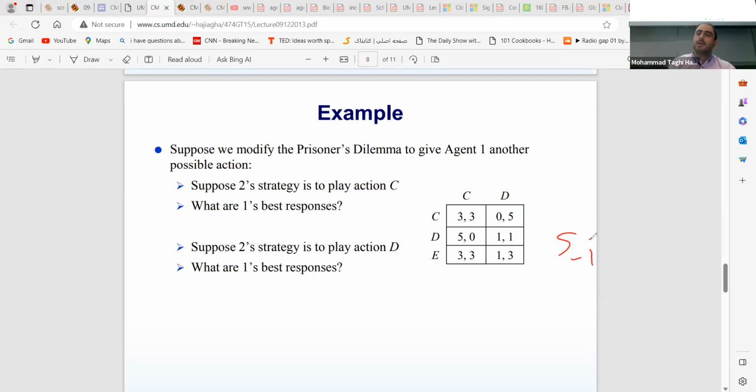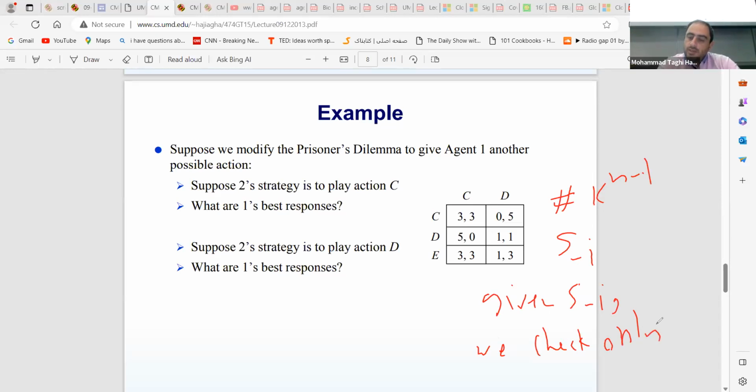But how many s minus i are there? That's k to the n minus 1. So the number of these is k to the n minus 1, but if this is given, we check only k actions.